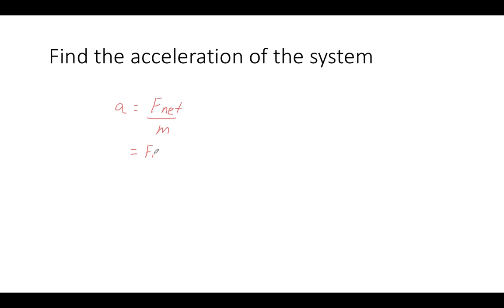So this becomes F net divided by M1 plus M2, and that's equal to 4.6 newtons divided by 1.8 plus 3.8, which equals 0.823 meters per second squared.